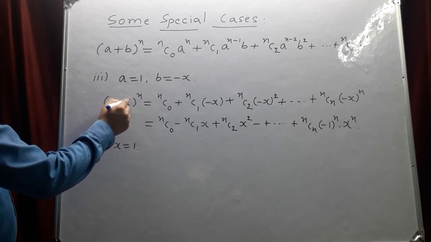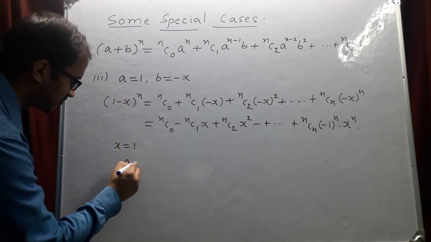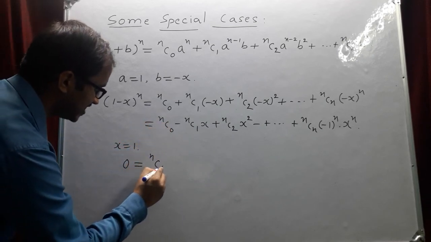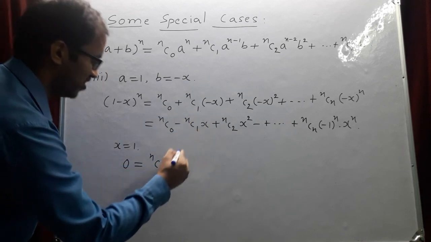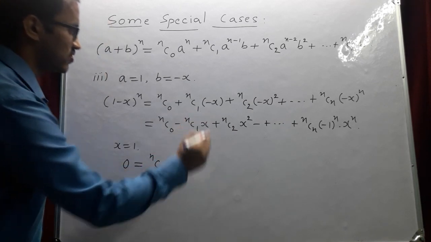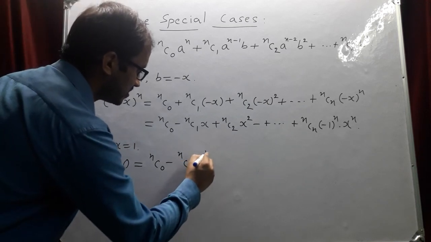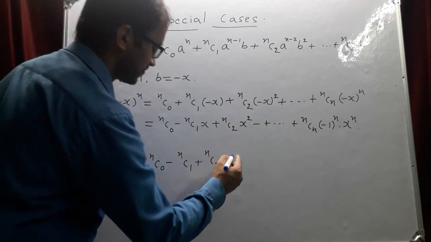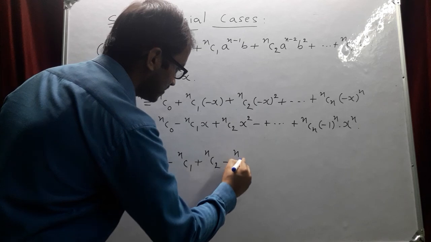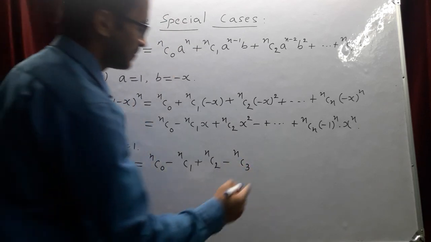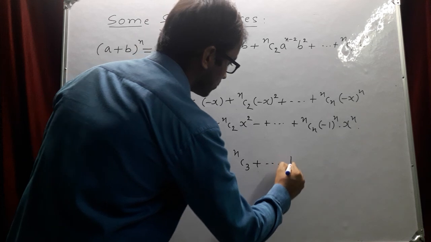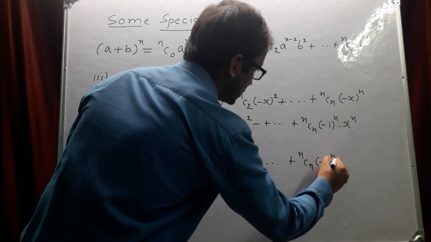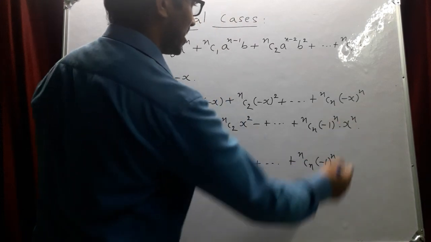LHS is 1 minus 1, so 0 power n is 0, equal to, here we'll get nC0 minus, x value is 1, so nC1 into 1 plus nC2 into x square. x square means 1 square is 1, minus the next term will be nC3, plus and so on. The last term is nCn (minus 1) power n. So 1 power n is 1.